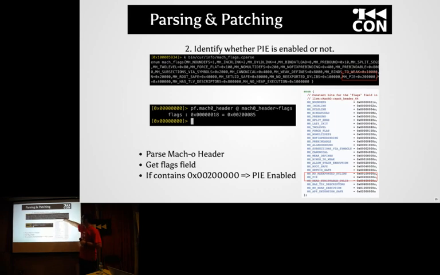With that value, if that value is this one, then you have PIE enabled. You can do it with SDB or with the ps command as well, as you can see here.